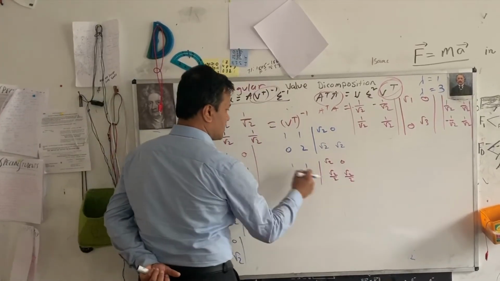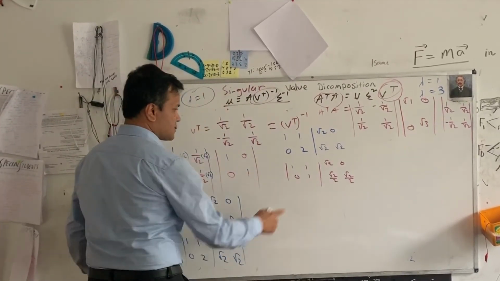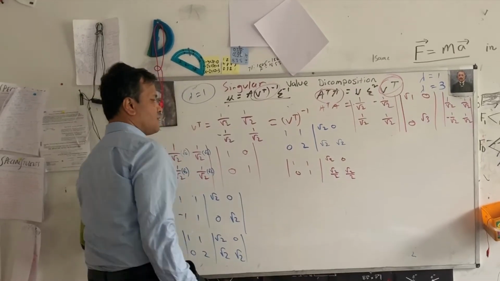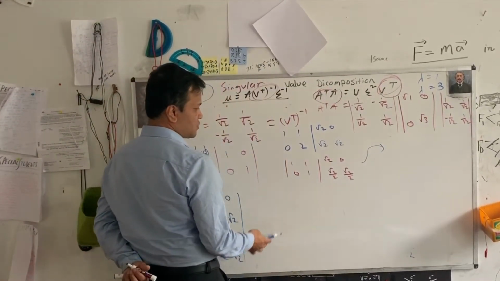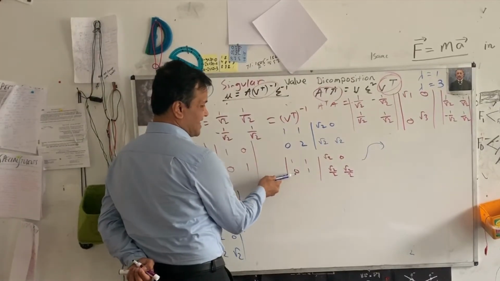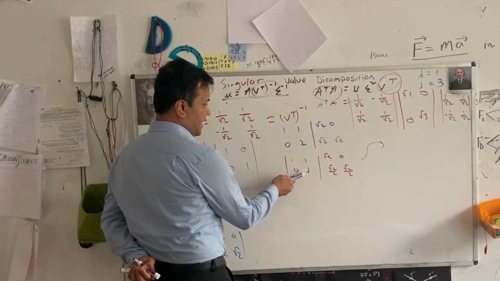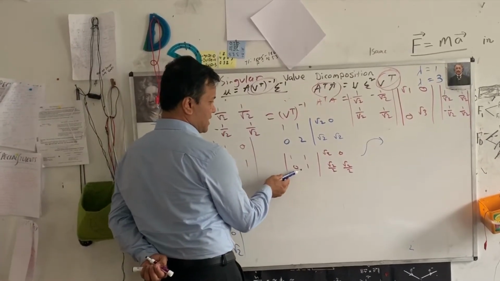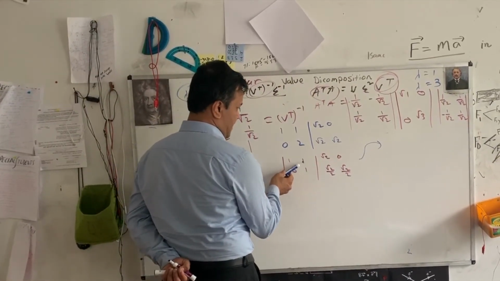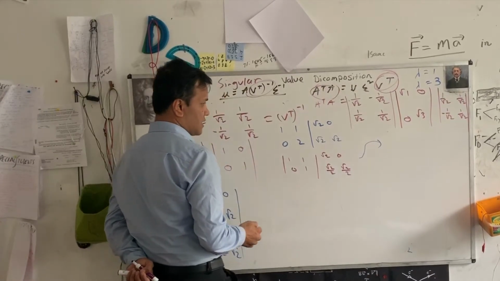Alright, so now our only job is to make it 0. To do that, we multiply this one by negative 1 and add it to this one. Multiplying this one by negative 1 and adding it would leave us what?